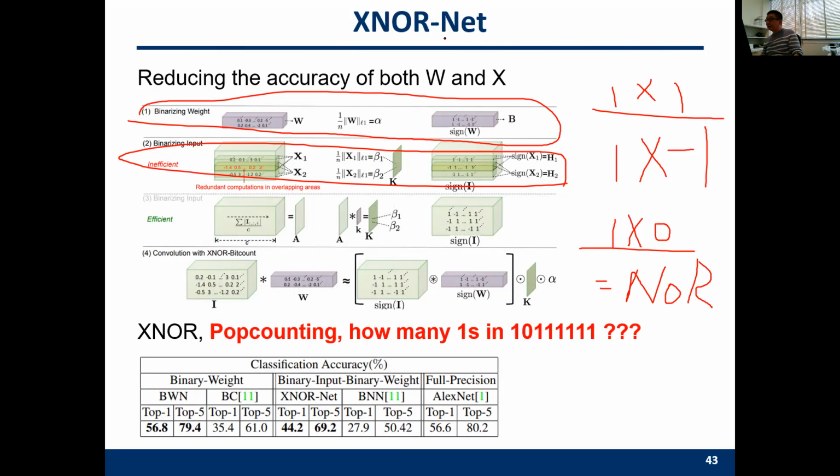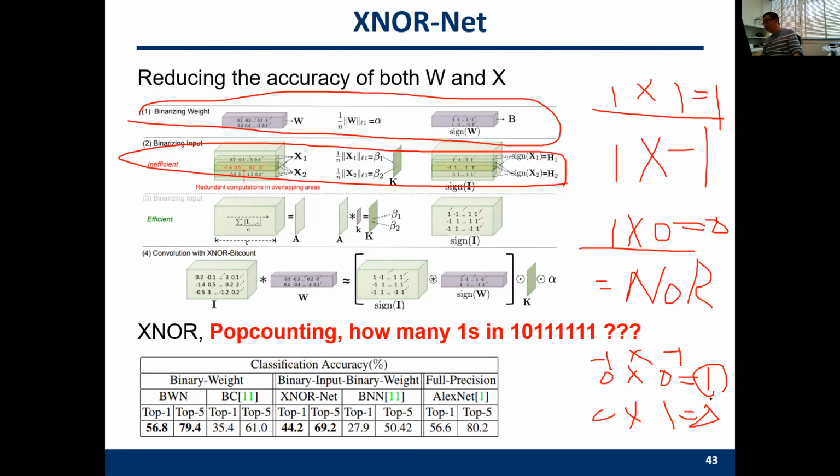And the result here is, of course, 1 or 0. Because this is an XNOR operation, -1 multiply -1, you still have a 1. 0 multiply 1 is 0.